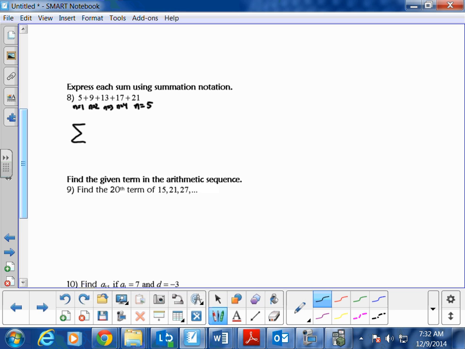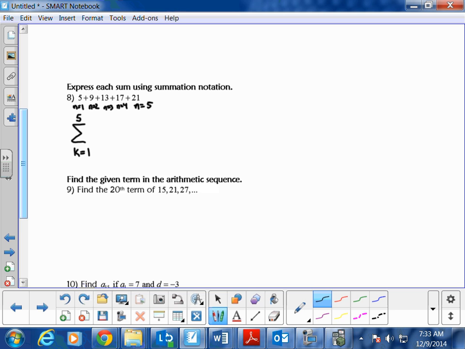Which means I have 5 up here, so I'm going to go up to only the 5th term. The other thing I need to express is that I'm starting at the first term, n equal to 1. The last thing I need to generate is the actual equation for the pattern of this sequence.